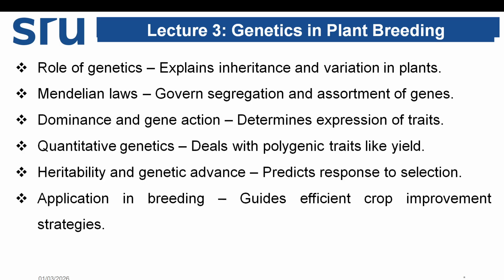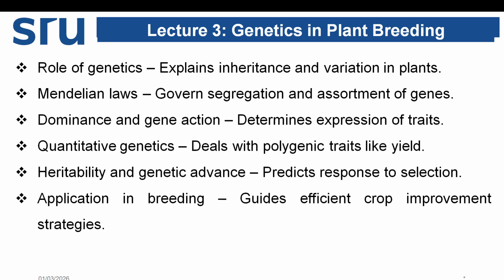Then quantitative genetics, which means study of polygenic traits having complex inheritance, for example the yield of a particular crop. Again, one most important point for quantitative genetics is heritability and genetic advance, which will predict the response of that particular trait to selection.